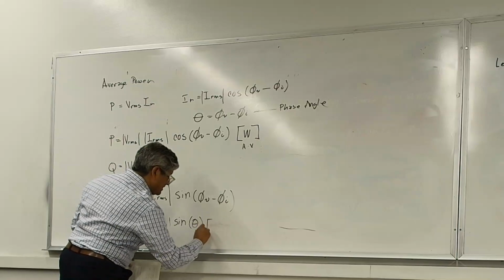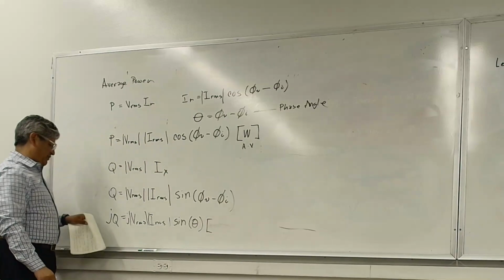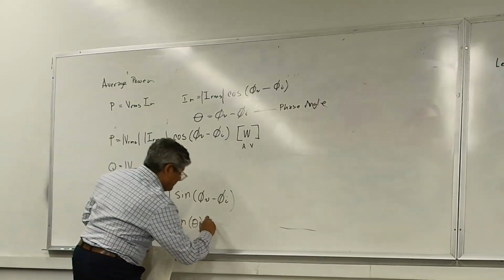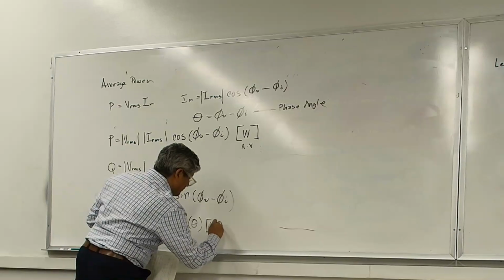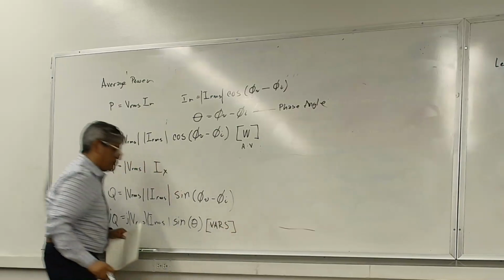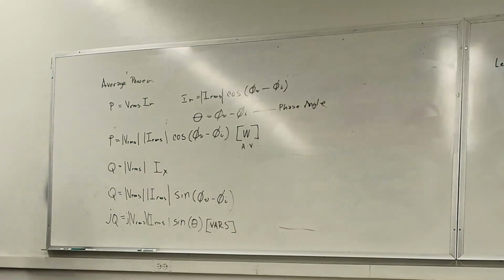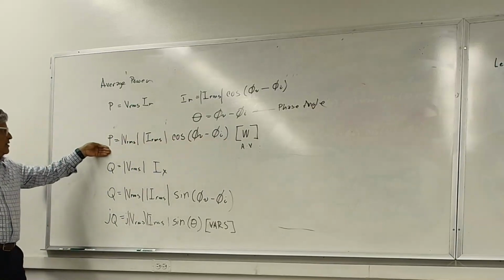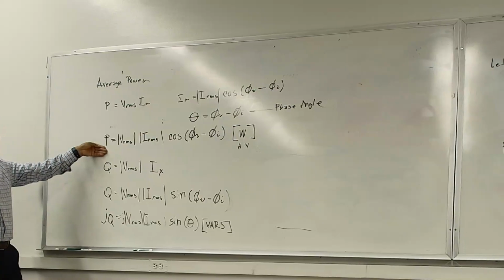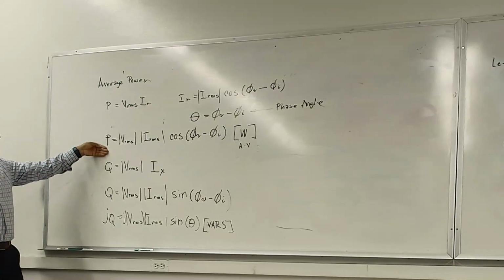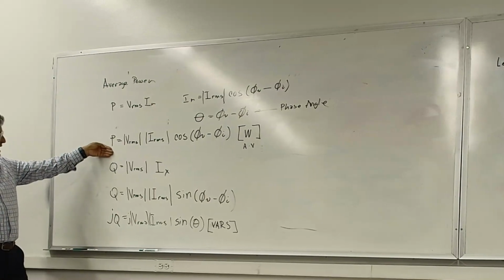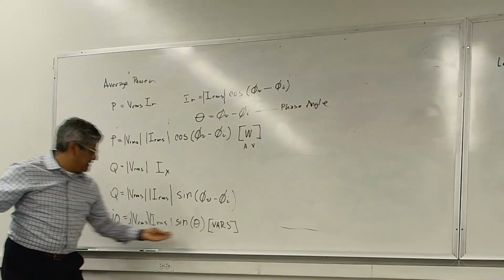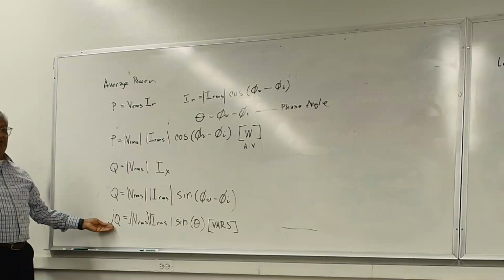And these are the units for the imaginary power: volt ampere reactive, or VARs. We use the plural because VARs. So watts for the real power, the real part of the apparent power, and Q, or VARs, for the imaginary part of the apparent power.